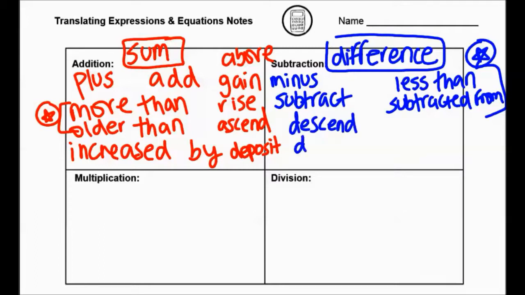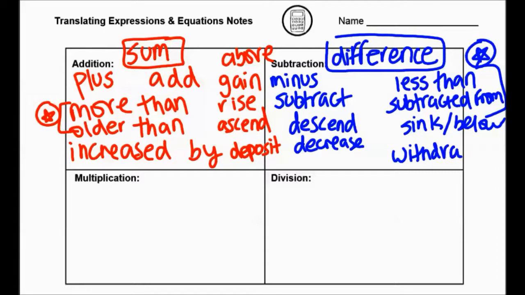We have decrease or decreased by. We could have sink or below. And then if we're talking about our bank account, when we take out money, we withdraw it.